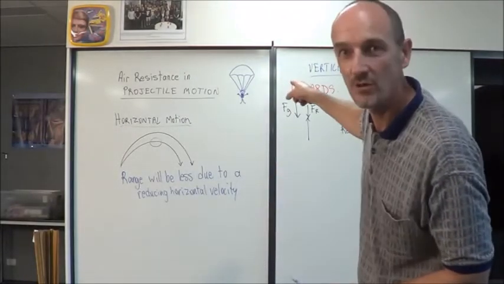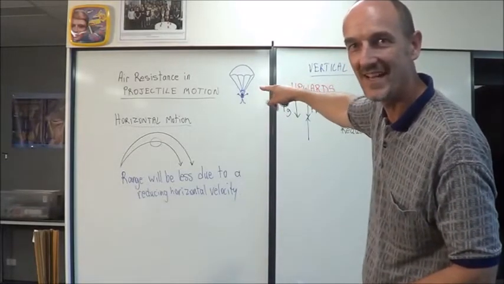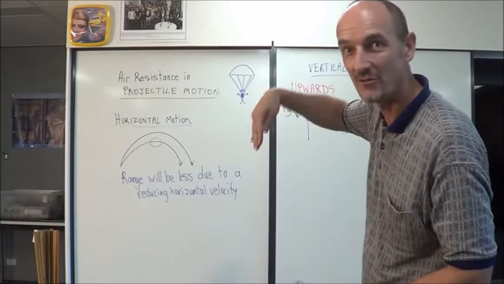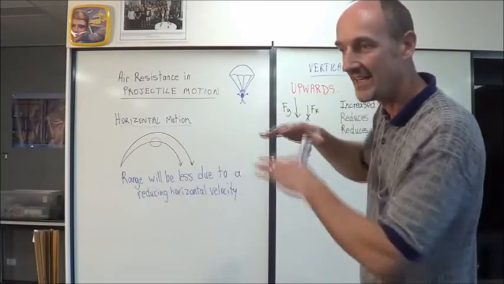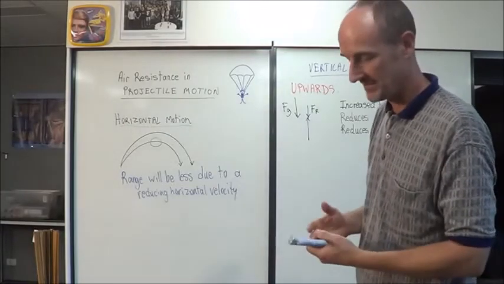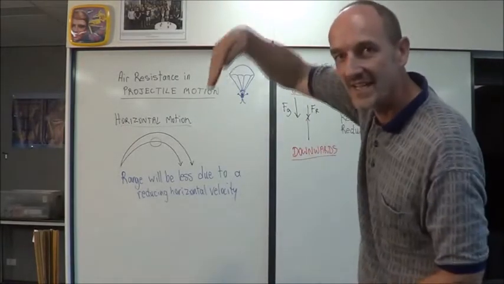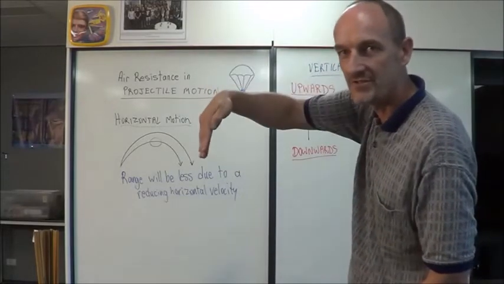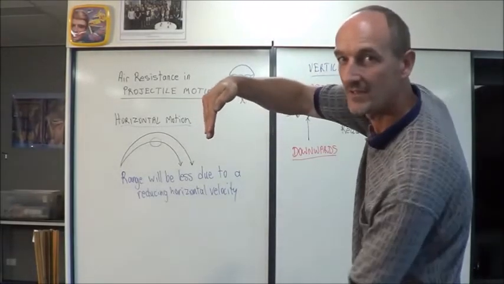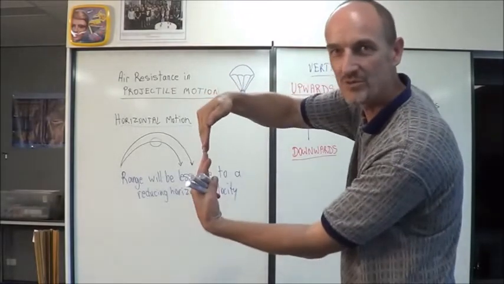Okay, and you can see my little man there with the parachute and he's coming down, or she's coming down, and with a big parachute there's going to be significant air resistance. On the way down, which direction is the air resistance acting? Right, it's acting to oppose the motion, which is upwards now.